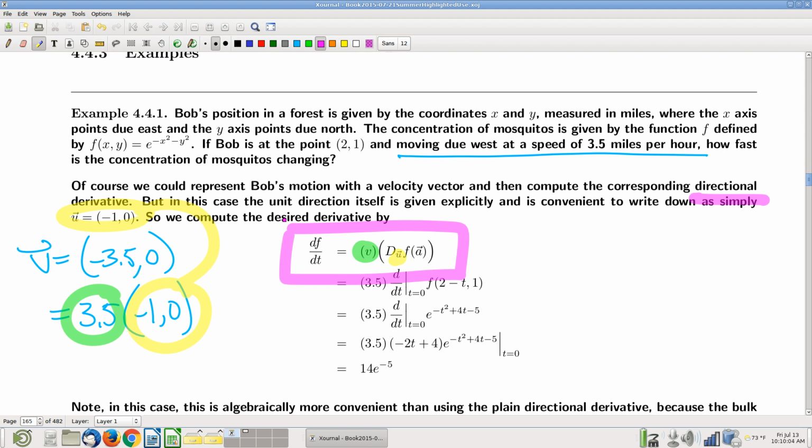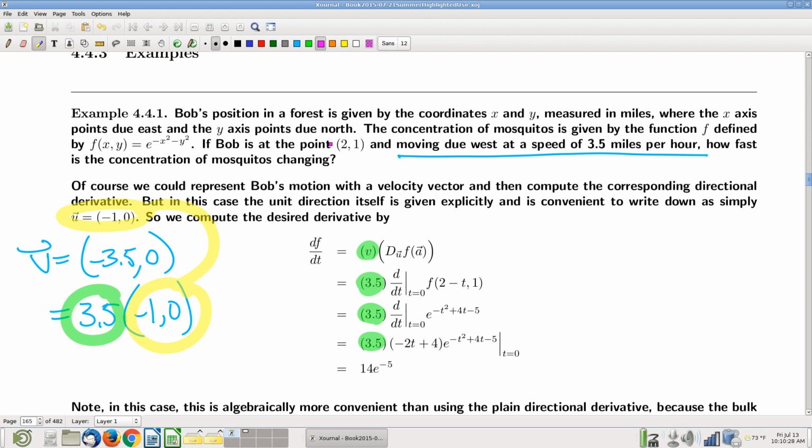Okay. Why would I want to do that? We'll talk about the motivation here in just a moment. Anyway, having written this down, the speed of 3.5 just sits there and carries throughout the entire calculation. For the unit directional derivative calculation, I've got to take our starting point. I'm running out of colors. Maybe I'll use purple.